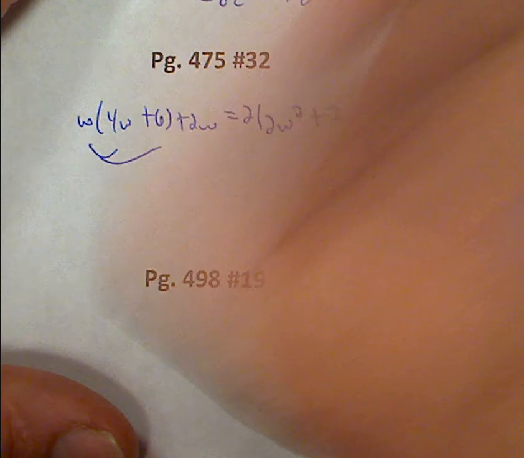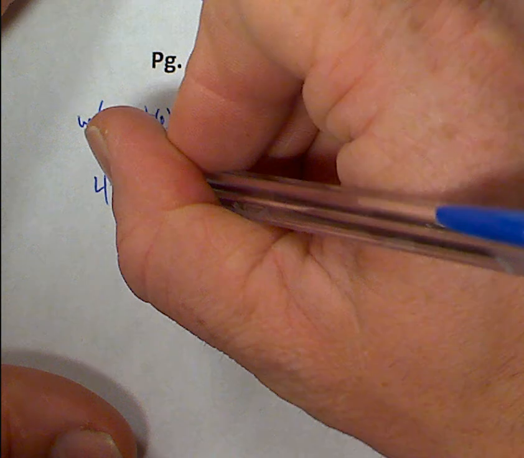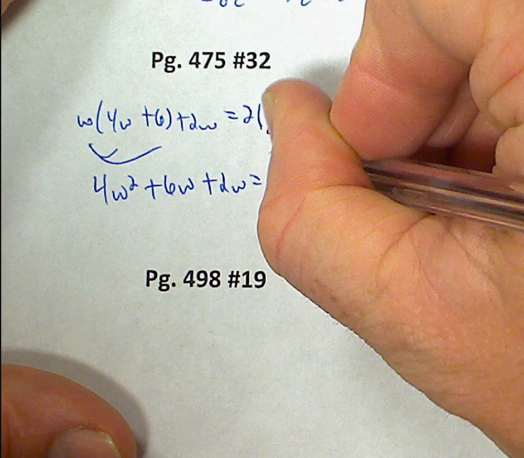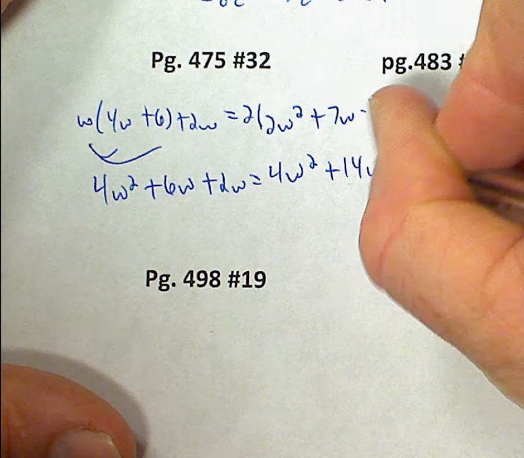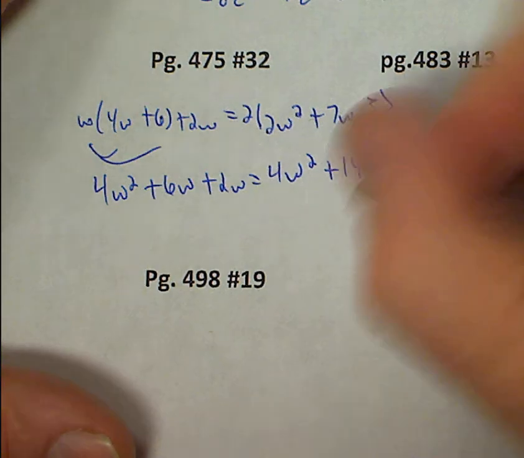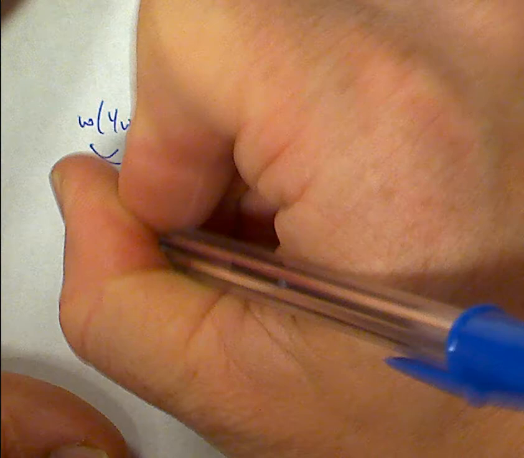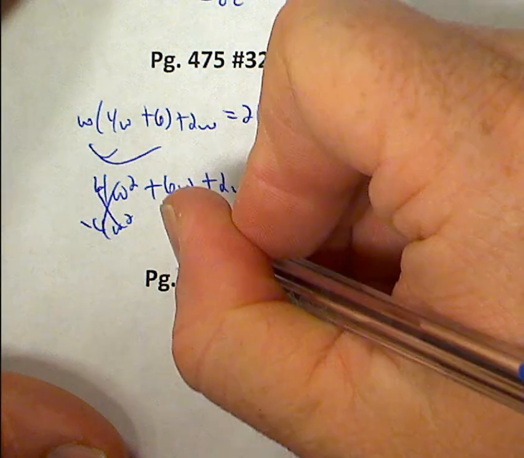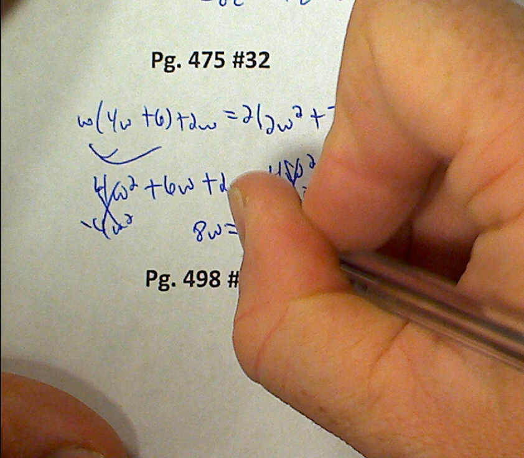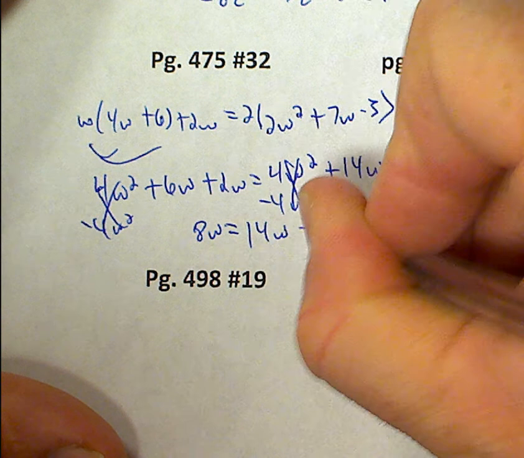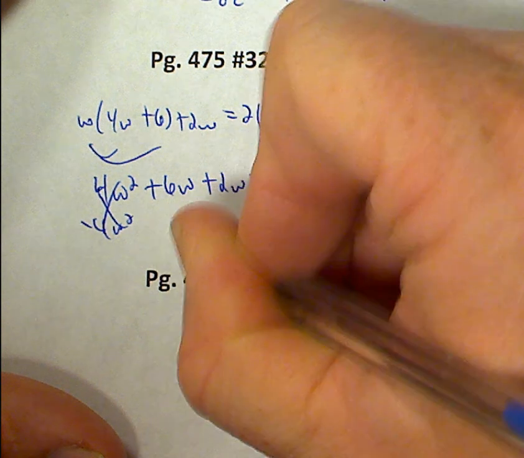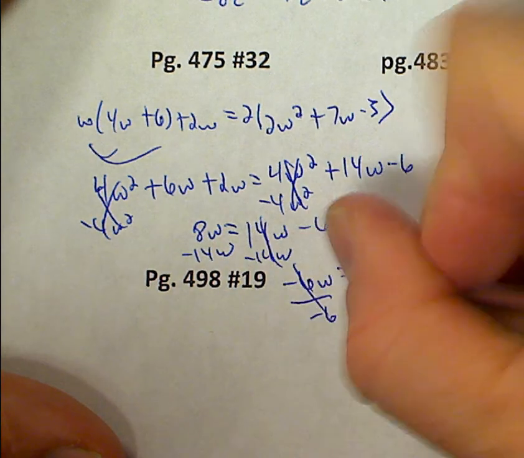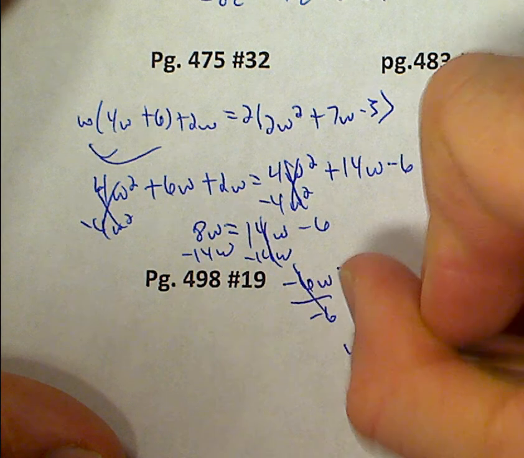So distribute: 4w squared plus 6w plus 2w equals 4w squared plus 14w minus 6. Bring over 4w squared. Those will actually go away. 6 plus 2 is 8w. Subtract 14w, negative 6w equals negative 6, divide by negative 6, w equals 1.